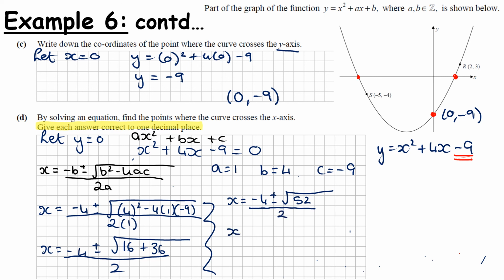We can simplify the square root of 52 down to 2 root 13, all over 2, and this is x equals minus 2 plus or minus the square root of 13. So if you're asked in surd form, that's our two answers. We can simplify this now, taking the plus and taking the minus, and then we can work out our two answers correct to one decimal place.